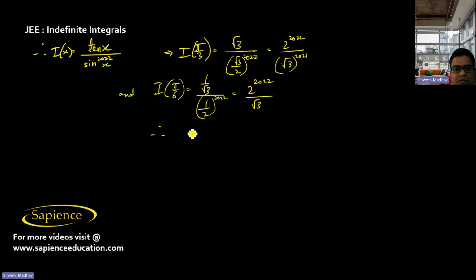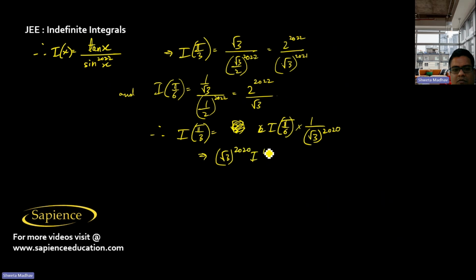So therefore I of pi by 3 is equal to I of pi by 6 into 1 by root 3 power 2020, which means that root 3 power 2020 times I of pi by 3 minus I of pi by 6 is equal to 0.